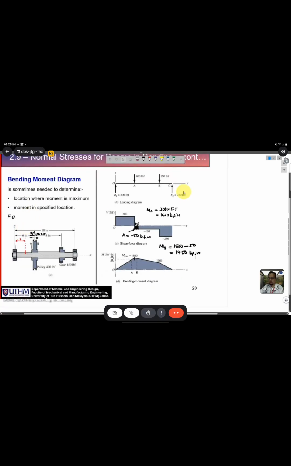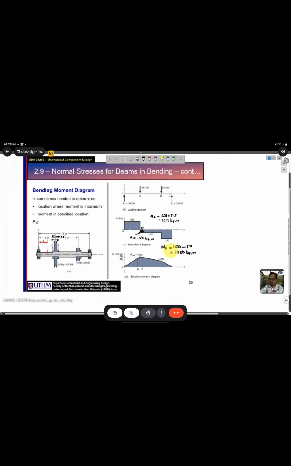From the bending load, you need to draw the shear diagram, and then from the shear diagram, you need to draw the bending moment diagram. Then from this, you can use it inside the equation to calculate the normal stress.